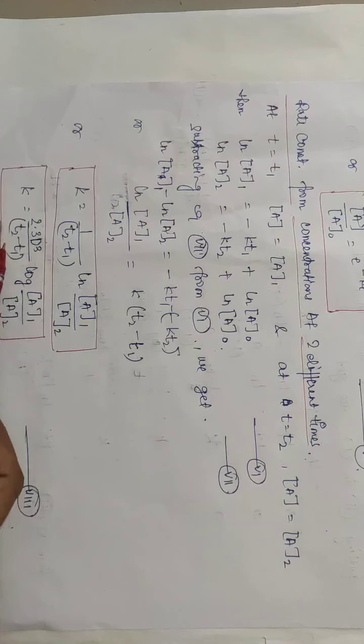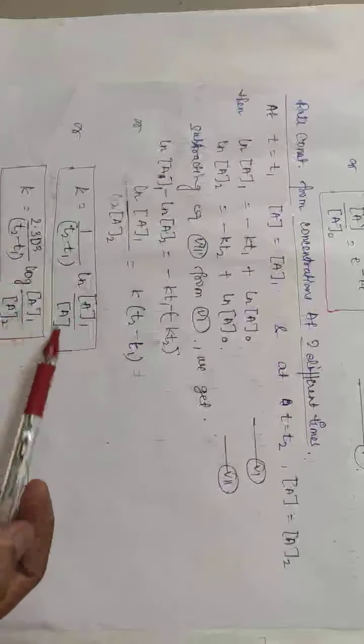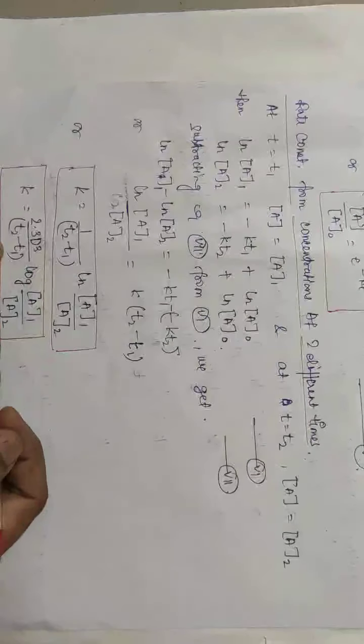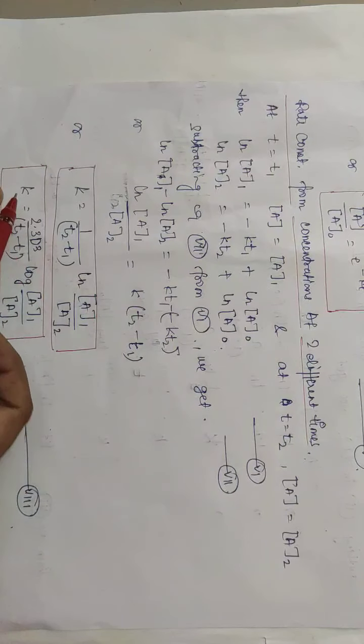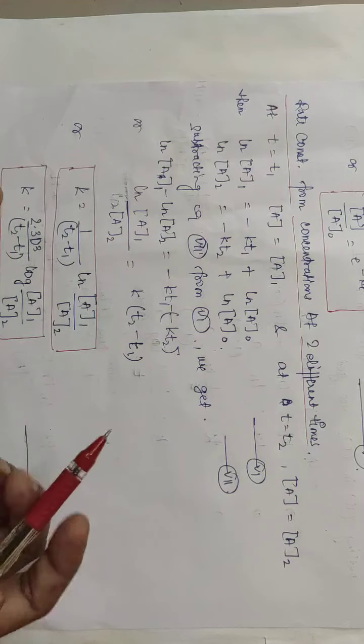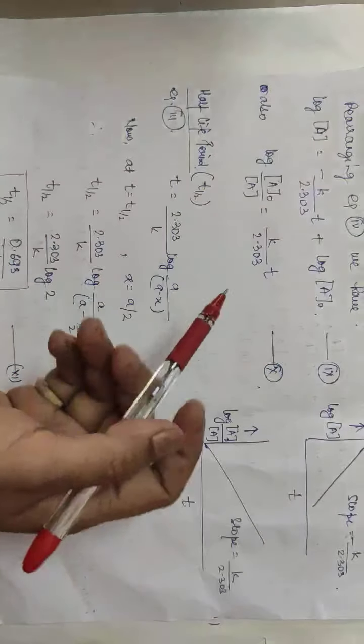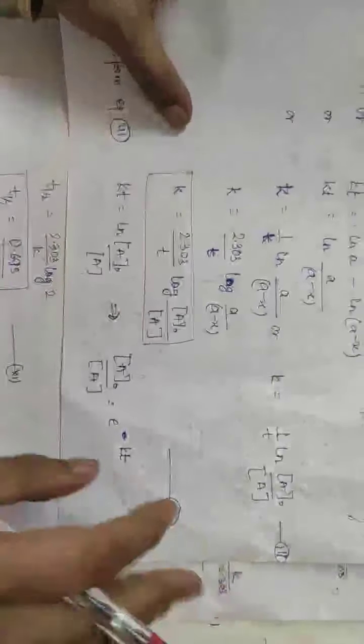So if different times t1 and t2 are given, and the concentrations corresponding to those times are also given, then you can find the rate constant for the first order reaction. Now rearranging equation 4, that is this equation.